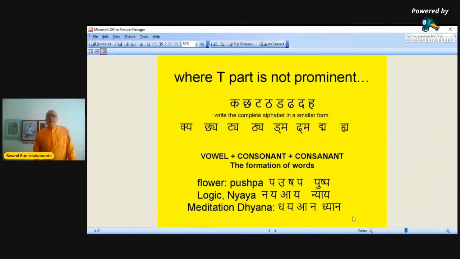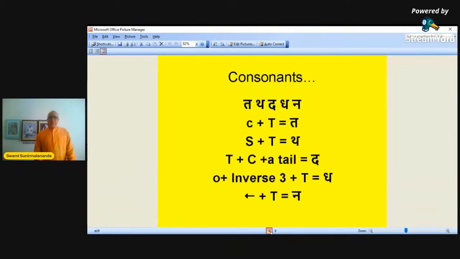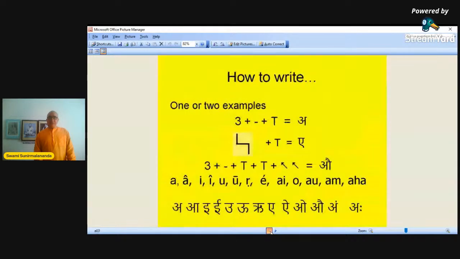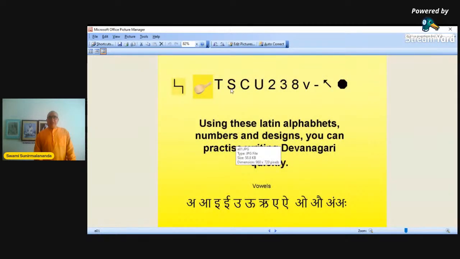This is how the whole thing becomes very clear when you use only a few simple designs like T, S, C, U, 2, 3, A, V, a hyphen, an arrow mark, a dot, a chair design, a spoon design. Remember these things, keep on combining them as they are here, and you master the vowels as well as the consonants in no time.